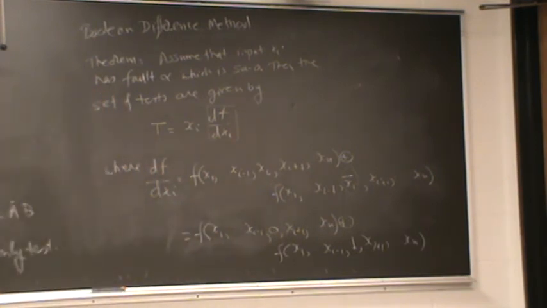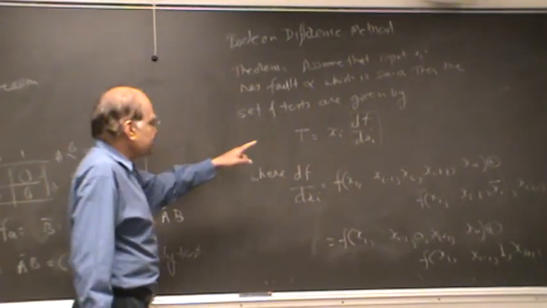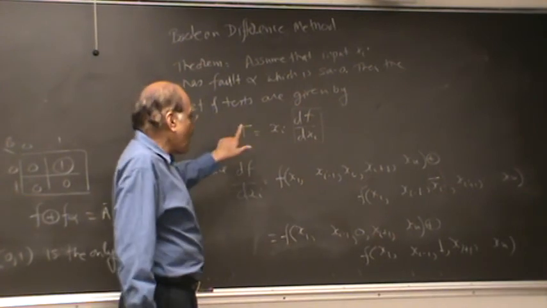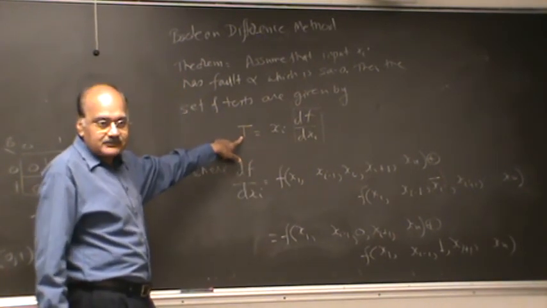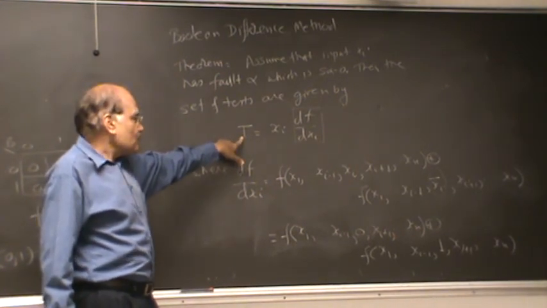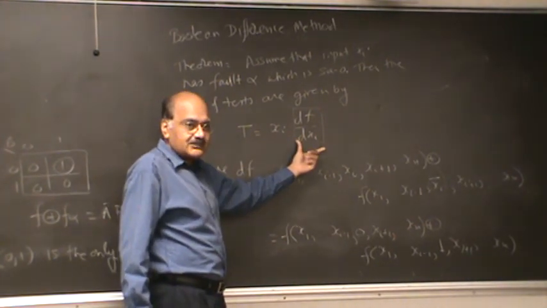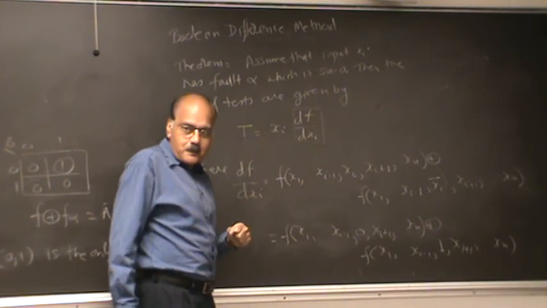So here's the theorem. Now the theorem says that if input x sub i is stuck at 0, then all possible tests that exist for that fault are given by this expression, t, where t is given by x sub i multiplied by df by dx i, where df by dx i is equal to this.